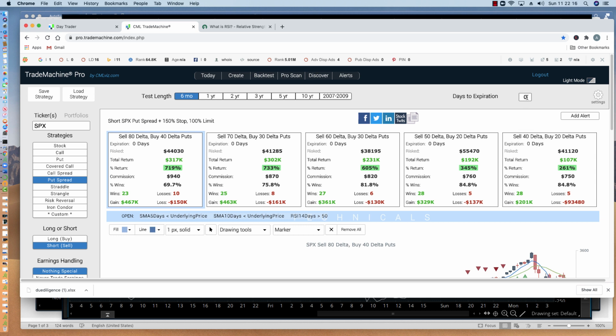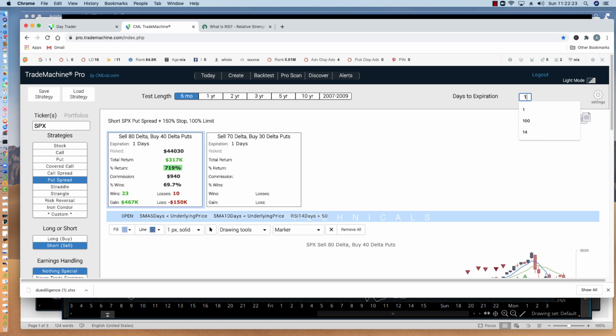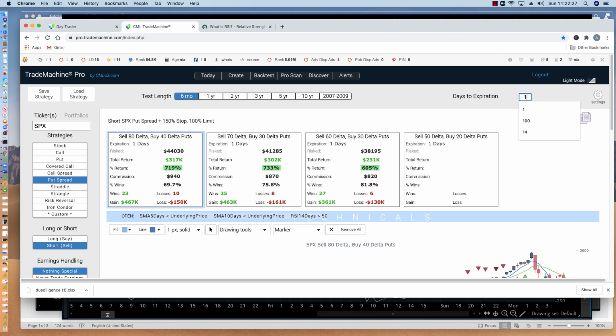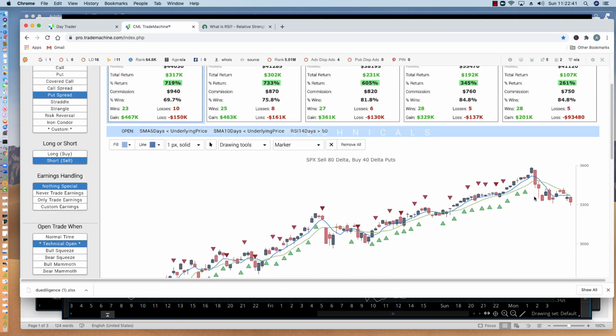Even if we put another day on here and ran the test, let's see what that looks like. Yeah, you're still doing good. I mean, your win rate is 84%, and you're getting a 261% return on risk.